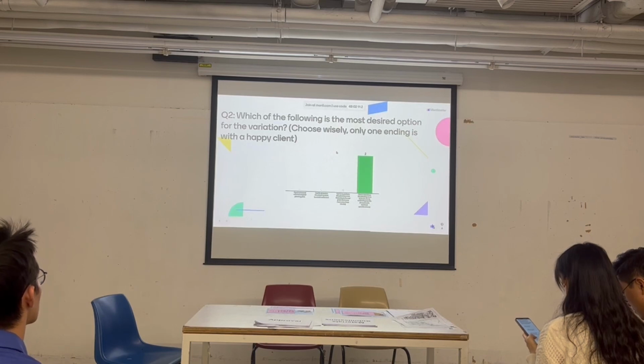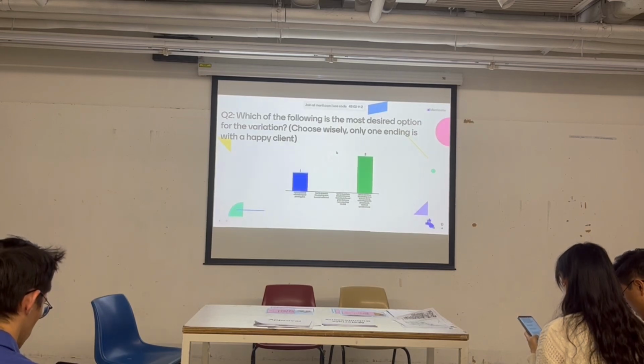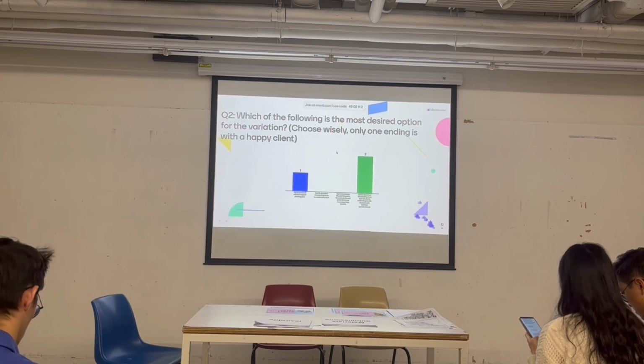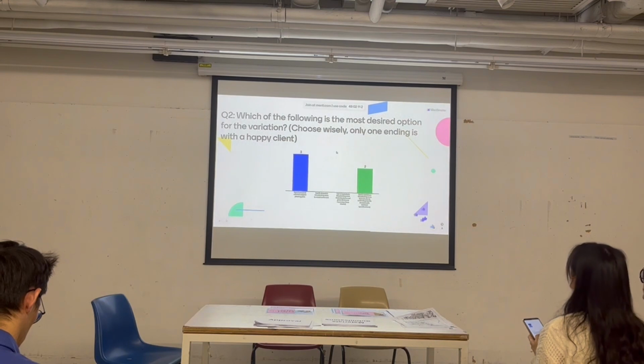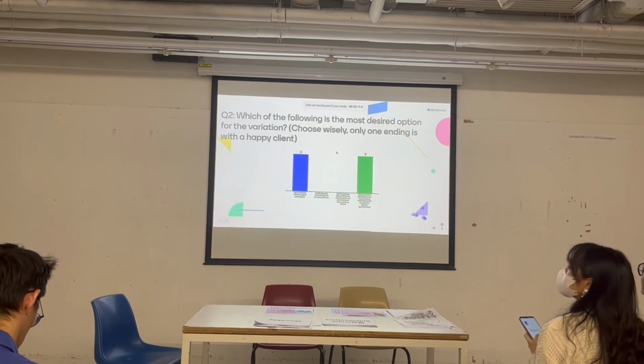The third option is transform the planting area from shrubs to real grass pile, and it will be more expensive than the original ones. And the option D is transform the planting area from shrubs to artificial grass tile.